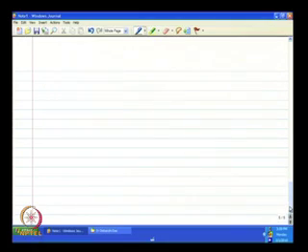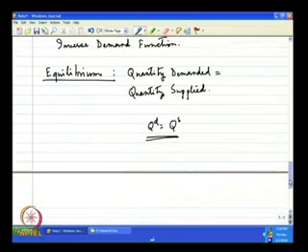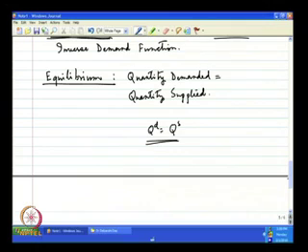So, in equilibrium, people who are trying to buy goods are able to buy goods, all of them at the prevailing price. People who are trying to sell goods are able to sell goods. There is no dissatisfaction as such. If there is no dissatisfaction, then there is no reason for price to move. So, this is the basic idea of market equilibrium.